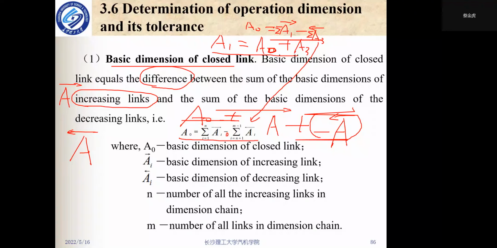So does everyone understand this? Yes, Laoshi. So basically, we only have this plus symbol, but we should add a negative symbol to the decreasing links.